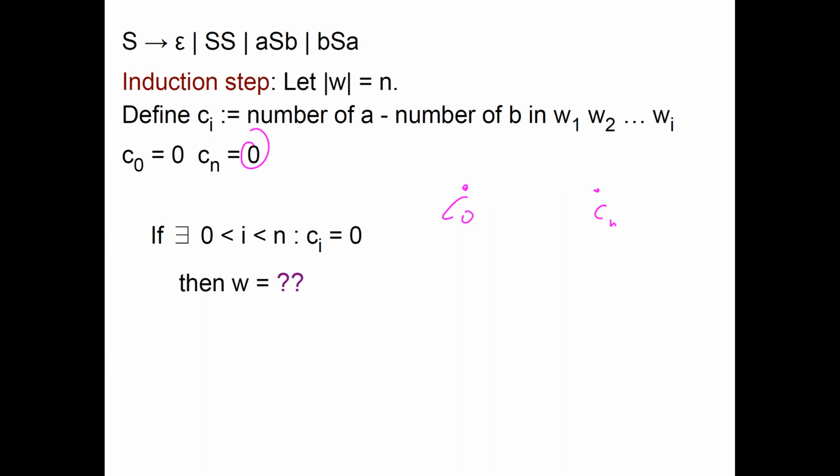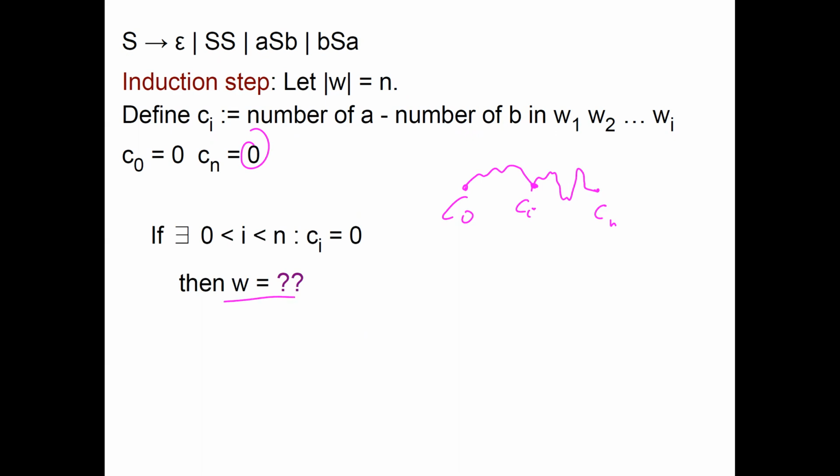First I'm going to consider the case in which this difference will at some point hit 0 again. It may hit it multiple times, but suppose that at some point, some C_i, you get a 0.